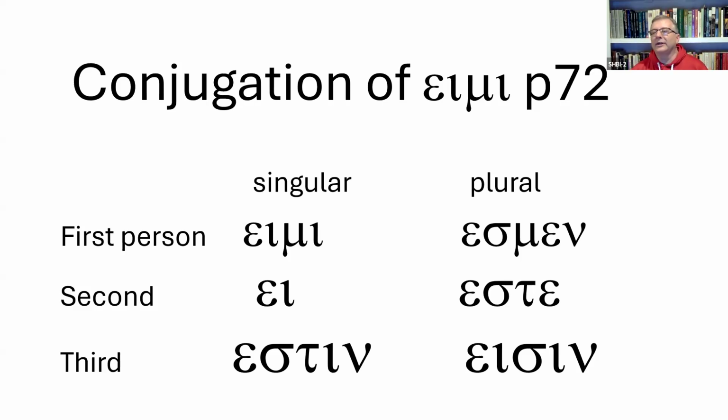Eimi, ei, estin, esmen, este, eisin. That's conjugating the verb to be.